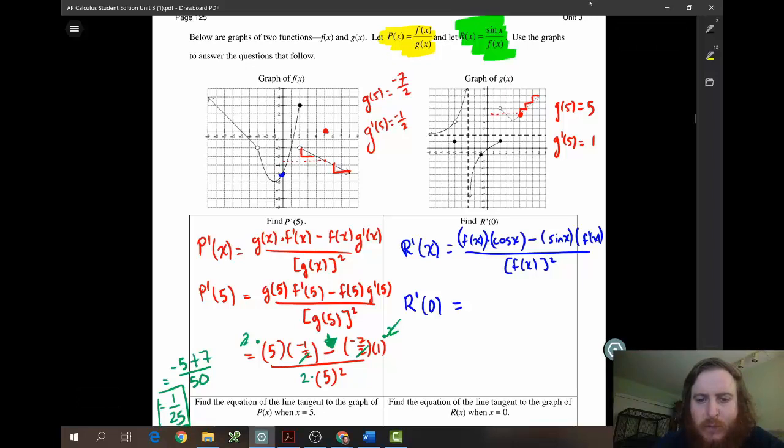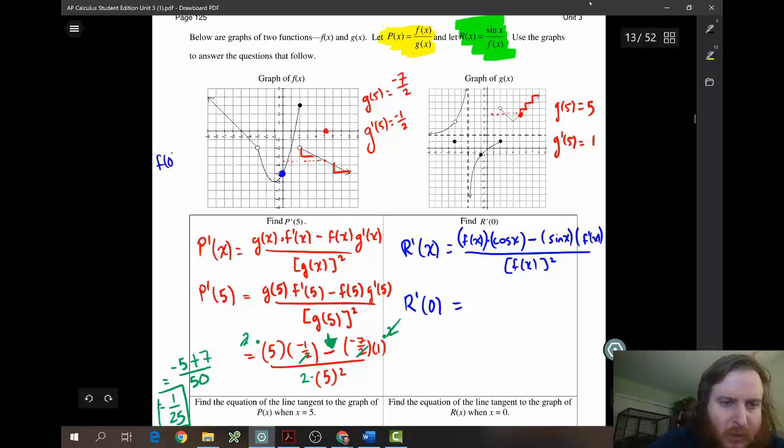And we don't know what f prime is, but I'm going to just show you, don't just freak out and stop. So we know that f of 0 is -5. But f prime of 0, we have no way of knowing that because it's not a line.